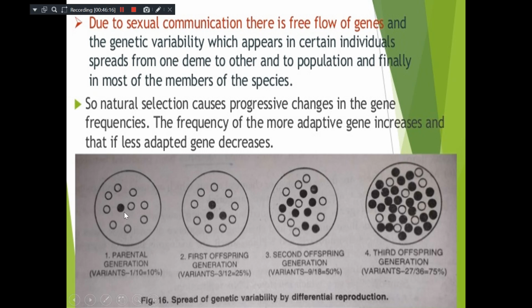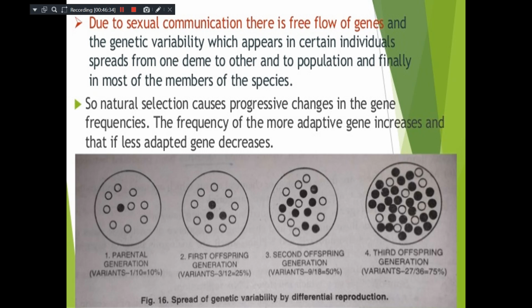See, this is the gene frequency in the first generation, and the gene frequency in the fourth generation. The frequency of more and more adaptive genes increases and that of less adapted genes decreases.